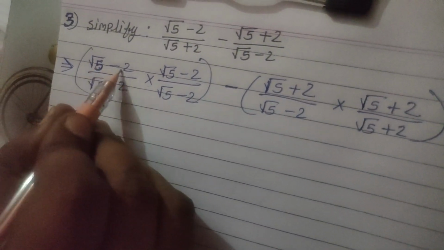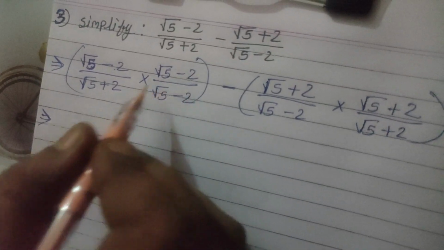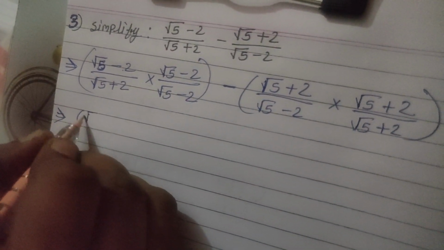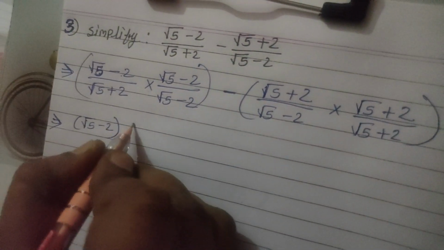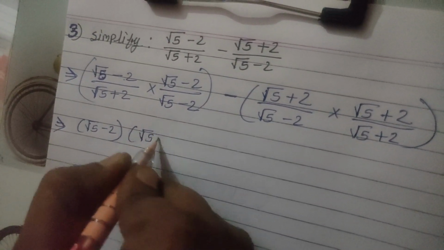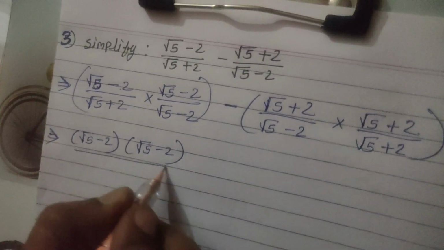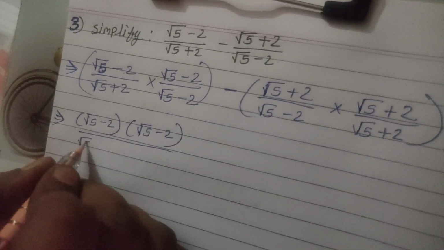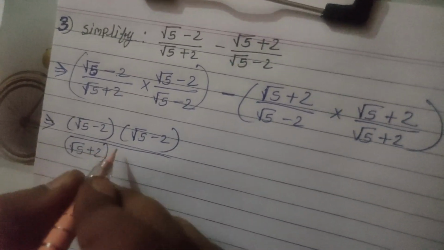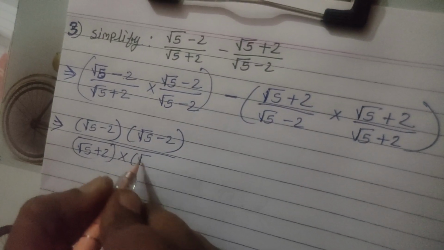Now here root 5 minus 2 into root 5 minus 2. Here terms are same, sign is also same, so you can take the whole square, and here root 5 plus 2 into root 5 minus 2.